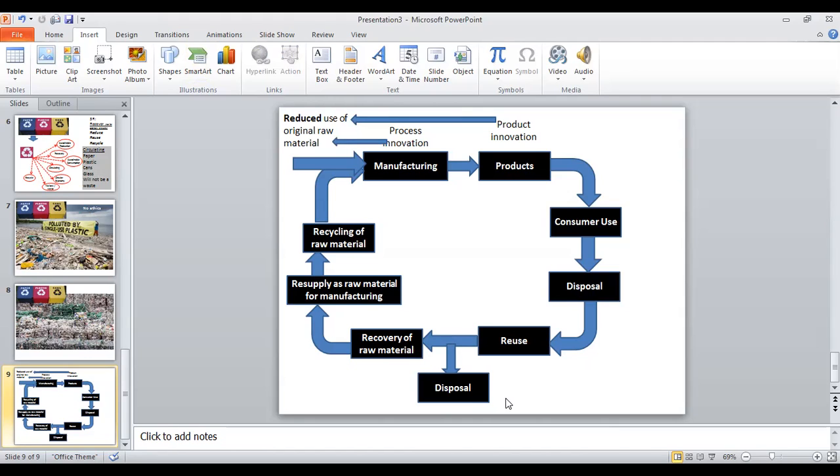So after finishing, instead of disposal, maybe you can use for different usages. Yes, different usages also possible.